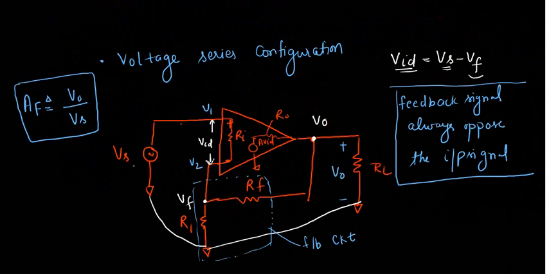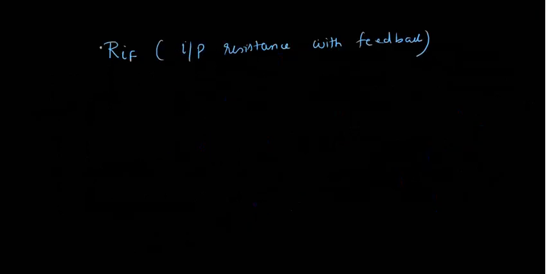Anyways, time is up, maybe. So we'll see input resistance and output resistance. Hopefully I will put a video, because the course is going slow. So input resistance and output resistance, along with one numerical, I would put that, right?